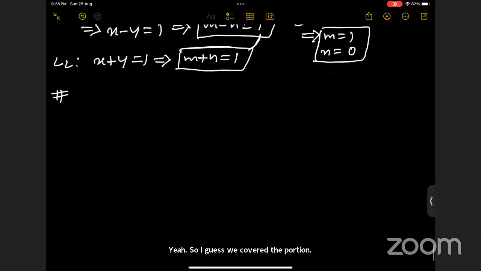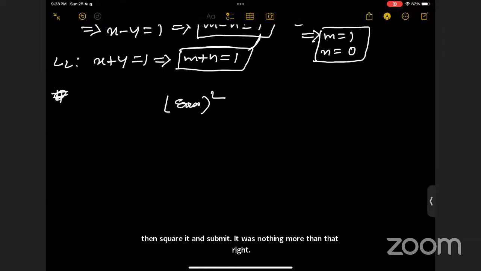Okay, so essentially I didn't discuss it. It was the error, and we have to take the error and then square it and sum it. It was nothing more than that, right? Yes, ma'am. Square it. And can you solve one question of that?